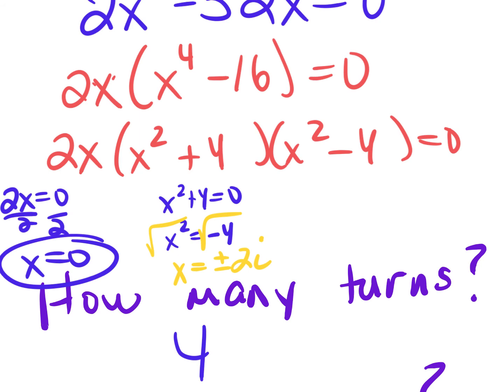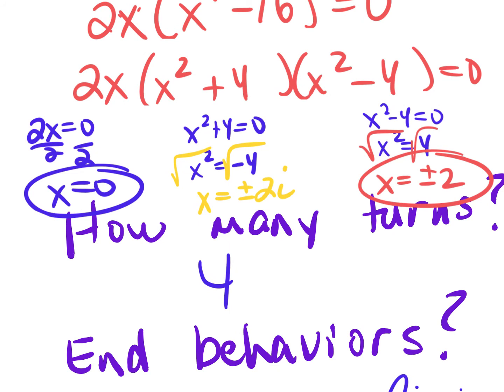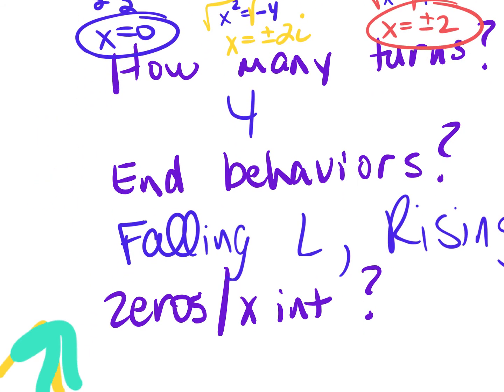Are they real? So do I include them in my answer? No. Good. And then over here, I have x squared minus 4 equals 0. So I add 4 to both sides to get x squared equals 4. Take the square root, and I get x equals what? Plus or minus 2. Did I get 5 answers? Yes. Are all 5 of them real? No. So the only ones I care about right now are the real ones.